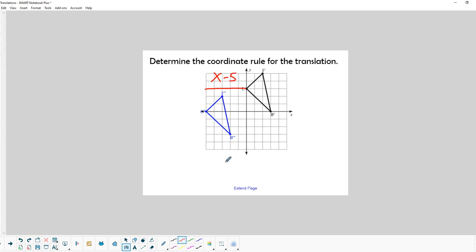So that's going to be part of our rule. And then as far as the Y value is concerned, in order to get from here down to that level, we had to go down 1, 2, 3. So we went X back 5 and Y down 3 to get to our new image.